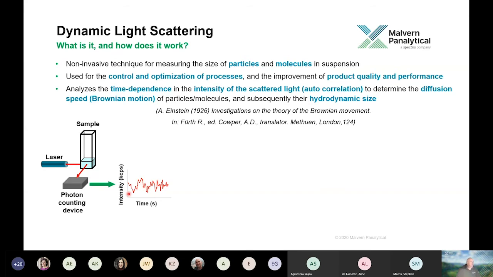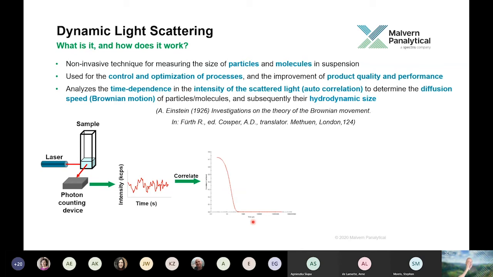So typically what we get is an intensity trace in units of kilocounts per second, or thousands of photons per second, plotted as a function of time. We pass that signal into an autocorrelator. And this correlator compares the signal with itself, separated by what we call delay times.